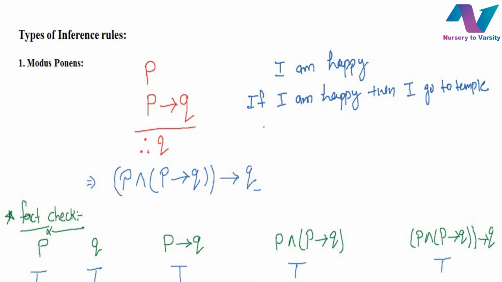So from the rule of inference, our conclusion is: therefore, I go to temple. With this example, we can say that this is our modus ponens rule of inference.